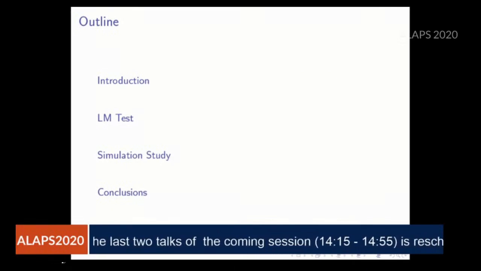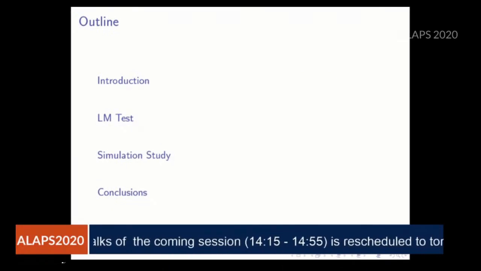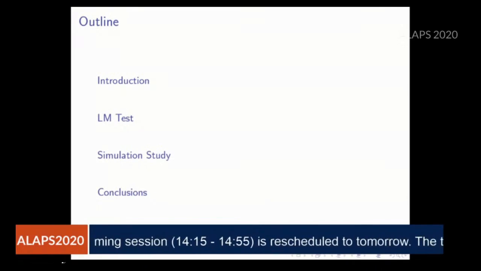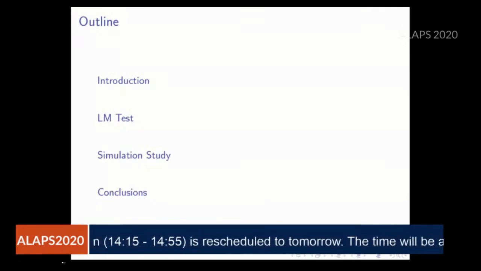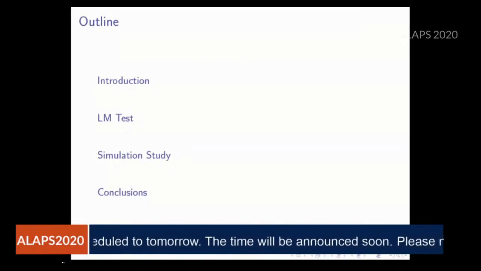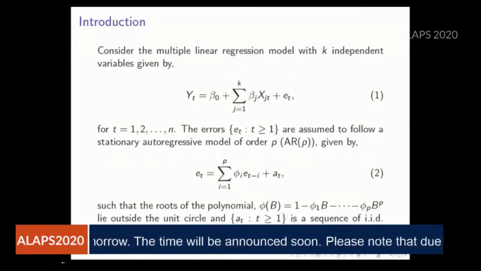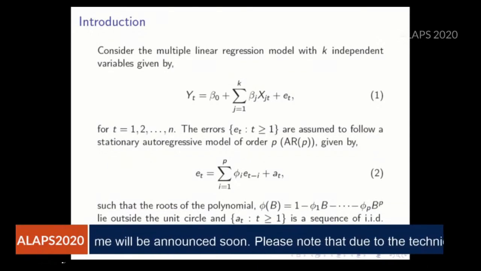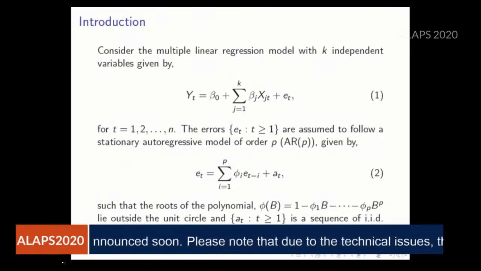This is the outline of my presentation. We will start with the introduction to the problem setup. Then we see how the test was obtained, which is followed by some simulation study and conclusions. First of all, let's consider the multiple linear regression model with k independent variables given by equation 1.